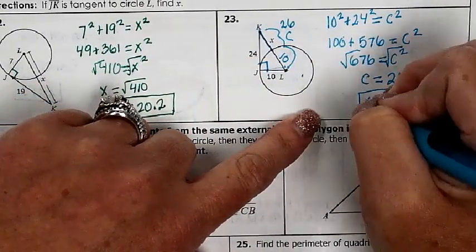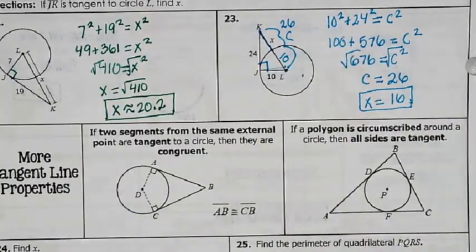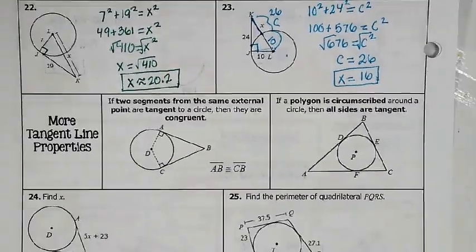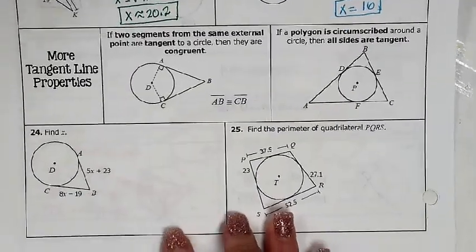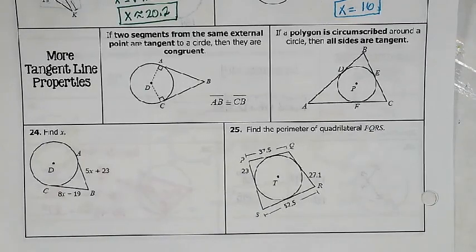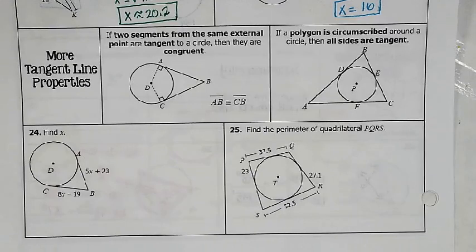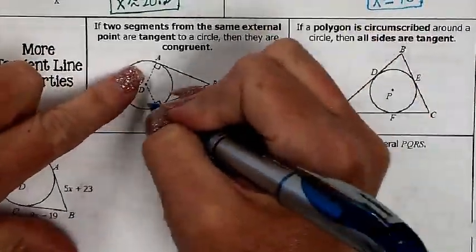All right, last little bit more tangent line properties. If two segments from the same external point are tangent to a circle, then they are congruent. So all that is saying here, so I have two tangents. They intersect here at this point. That means that these two would be congruent. AB is congruent to CB.